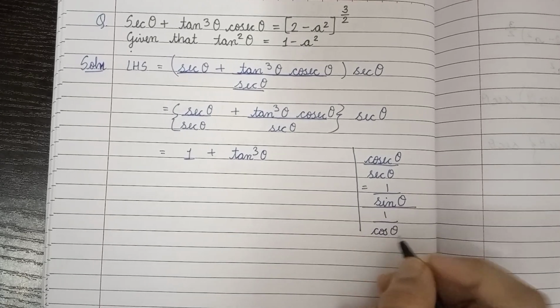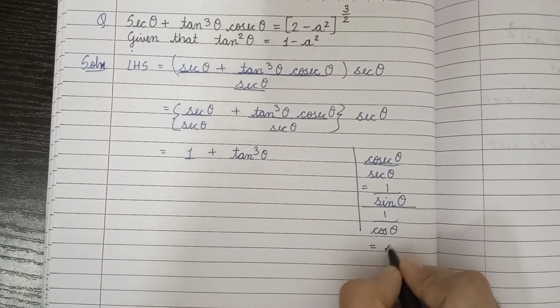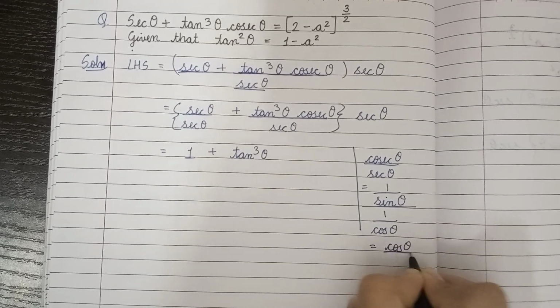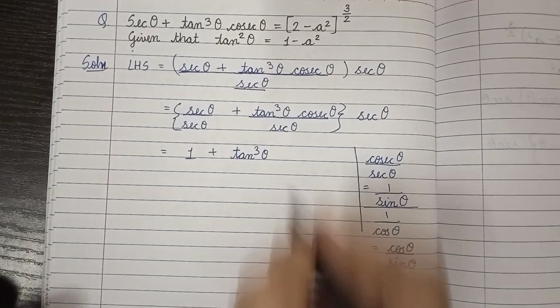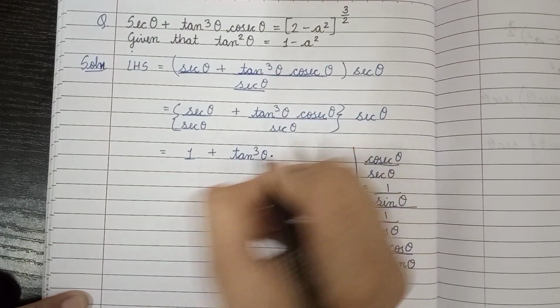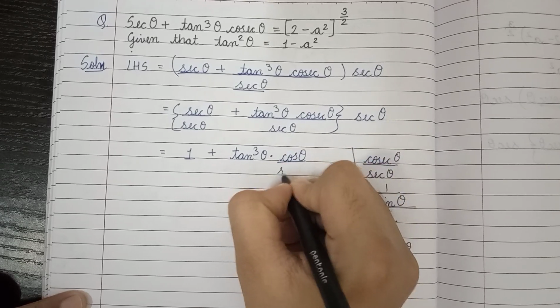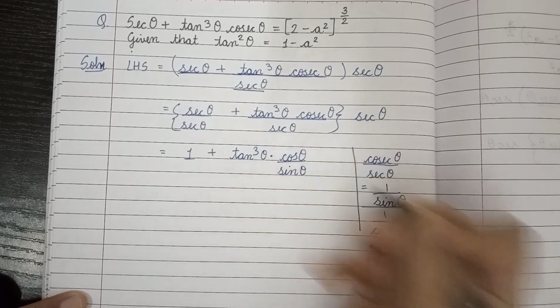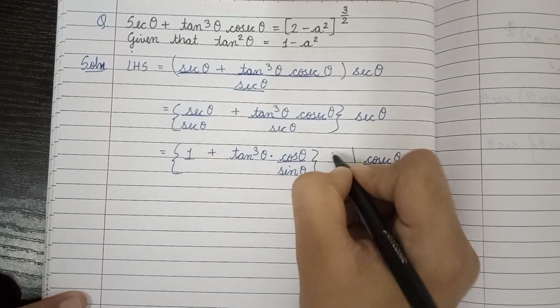Upon cross multiplying we get cos theta by sin theta. So the substitute for cosec theta by sec theta can be written as cos theta by sin theta, whole multiplied by sec theta.